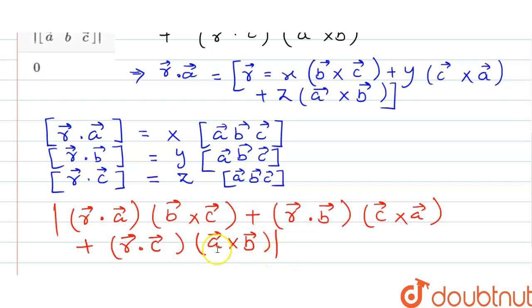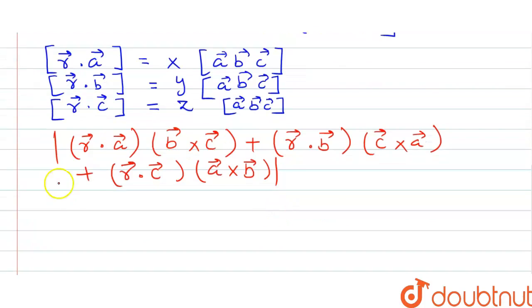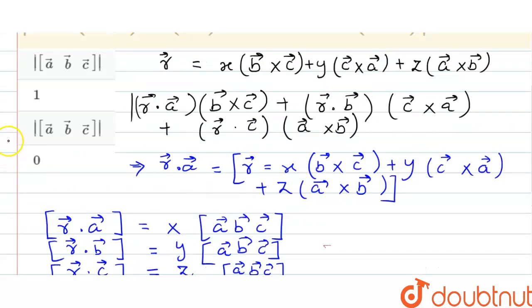So from this is the mod, and we know the value of R vector dot A vector will be x of ABC, and in this term we got x of A vector, B vector, C vector. Then we got the final answer at this place: A vector, B vector, C vector. So hence the answer is vector A, vector B, vector C. So the right answer will be this term.